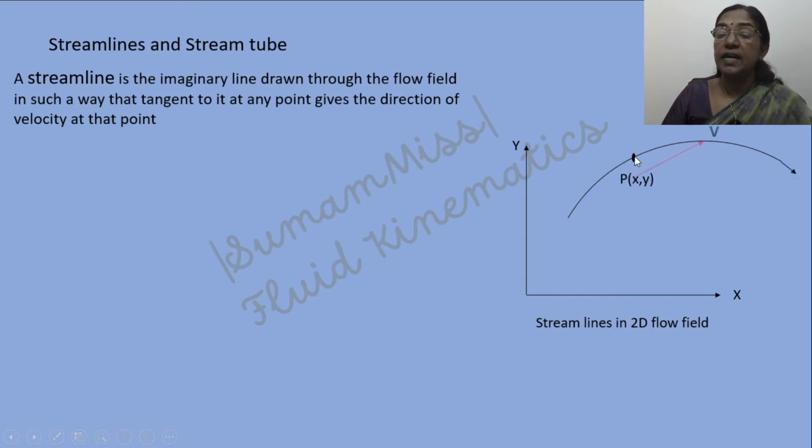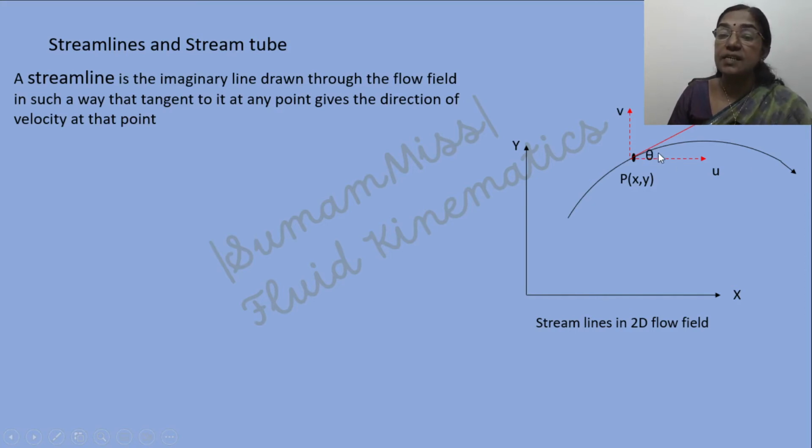If you draw a tangent at this point, it gives the direction of the velocity. Since it is a two-dimensional flow, this velocity has components in the x and y directions. u is the component of the velocity in the x direction and v is the component in the y direction, and theta is the angle made by this tangent with respect to the horizontal.